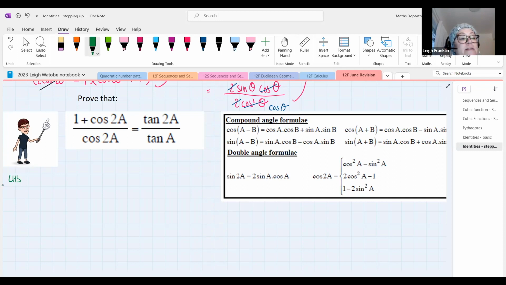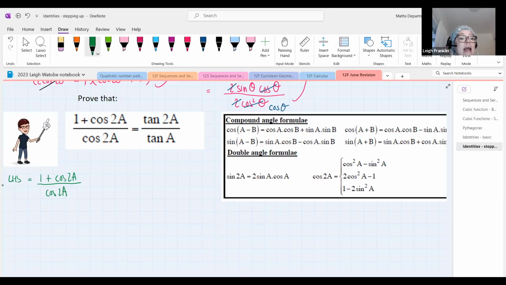We have 1 plus cos 2a at the top and cos 2a at the bottom. Now, I cannot cancel the cos 2a at the top with the cos 2a at the bottom, because then I would be breaking a mathematical rule. I can't cancel terms. I can only cancel factors.